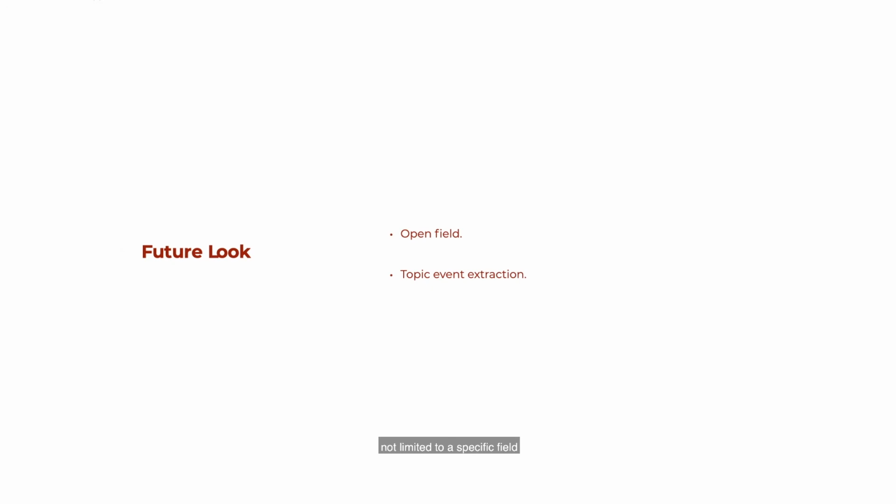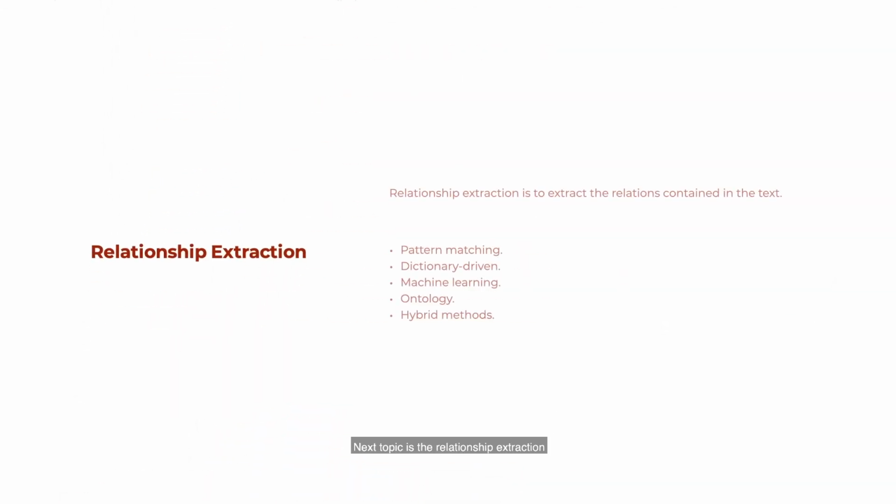For the future outlook, as just mentioned, event extraction research should be phased in open fields, not limited to a specific field. At the same time, topic event extraction should be paid more attention, because this is also widely used in actual needs.